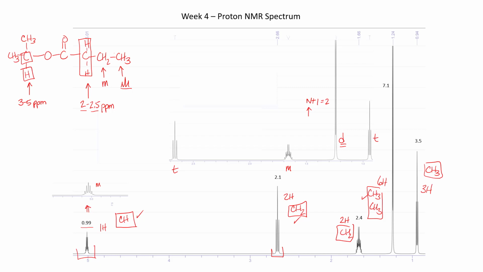So the naming of an ester is alcohol part first, then carboxylic acid part, plus the ate ending. So the alcohol in this case would be an isopropyl group.